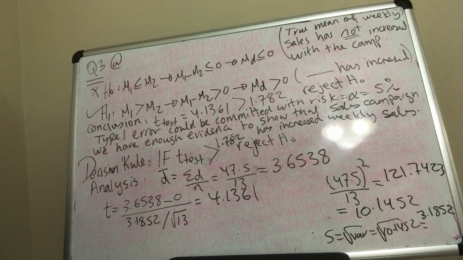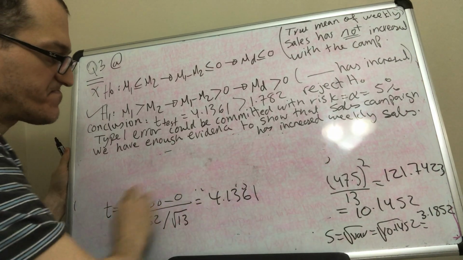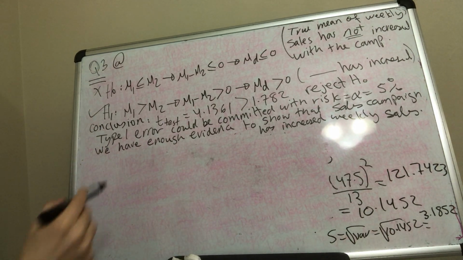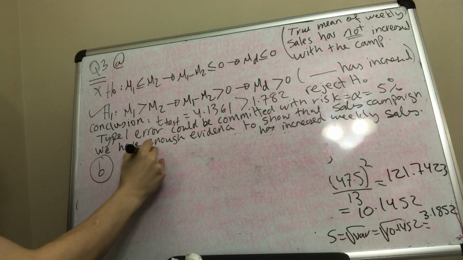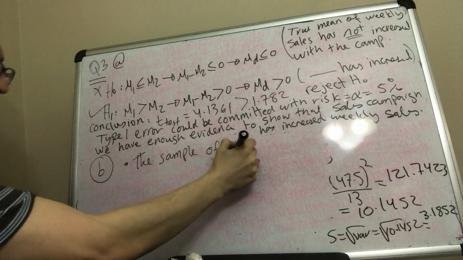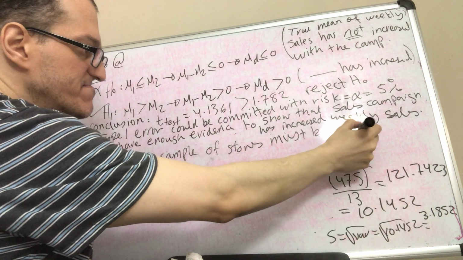Now, in the next one, what are the assumptions necessary to perform the test? So when you talk about assumptions in this case, you have to mention the sample of stores must be selected randomly.